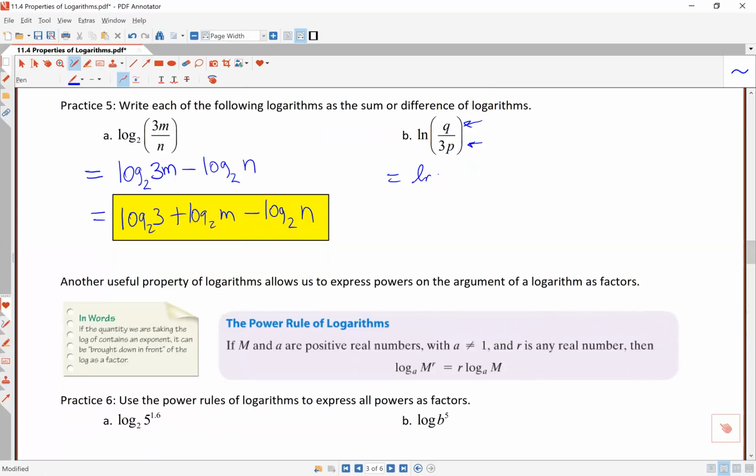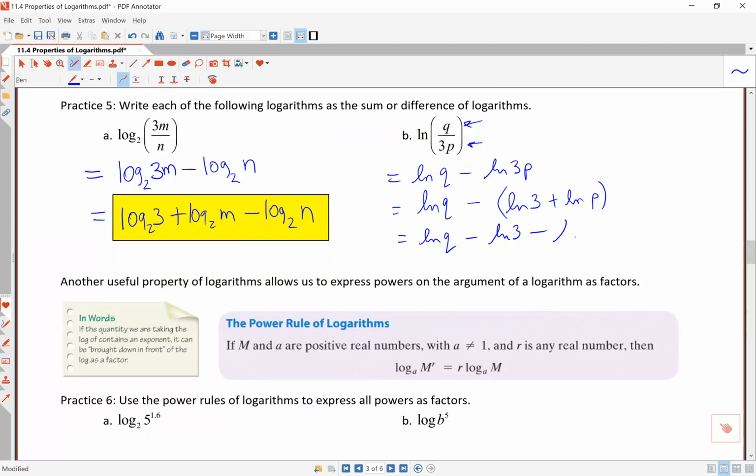So we apply the quotient rule first: the natural log of q minus the natural log of 3 times p. Natural log of q is done, but this is the natural log of 3 plus the natural log of p. But the minus sign is on the sum, and we have to distribute it.